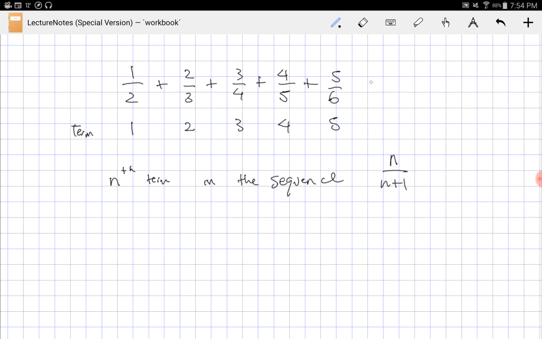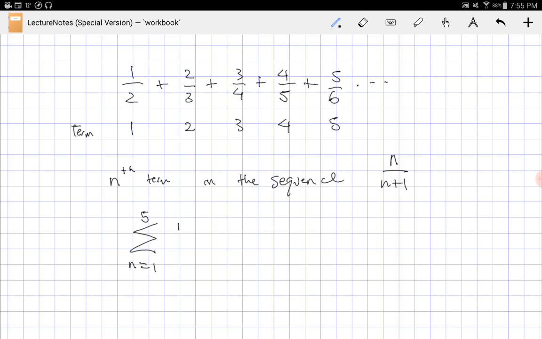And so if we were to continue counting and we wanted to add up all of these terms within the sequence, then we use the shorthand where it's this big backwards E thing, and we say, well, we want to start counting from n is equal to 1, and then we want to count up to when n is equal to 5.